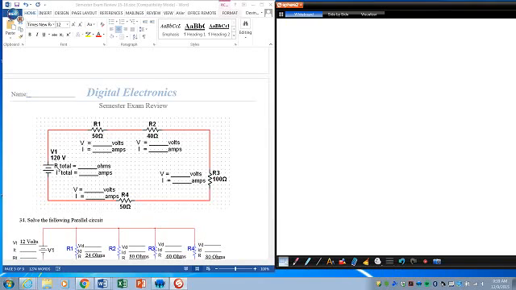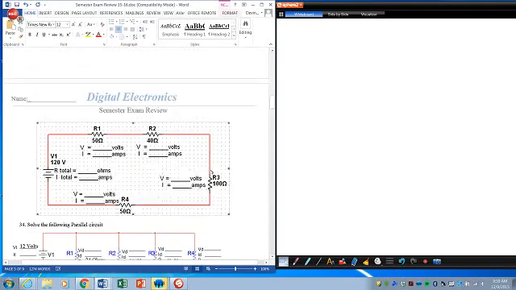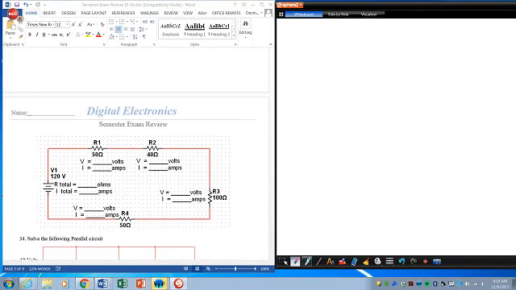It says that to get R total, all you have to do is add them up. So 50 plus 40 plus 100 plus 50.